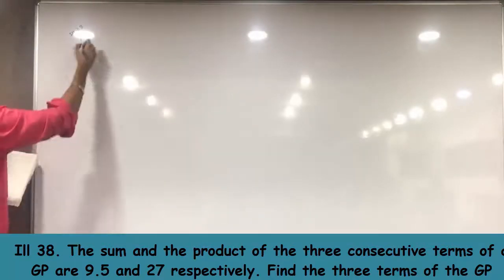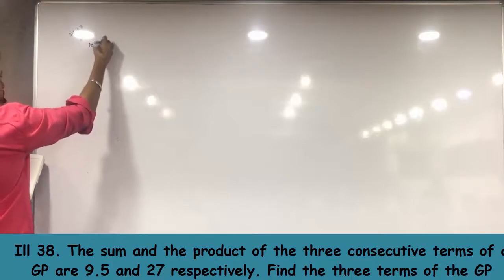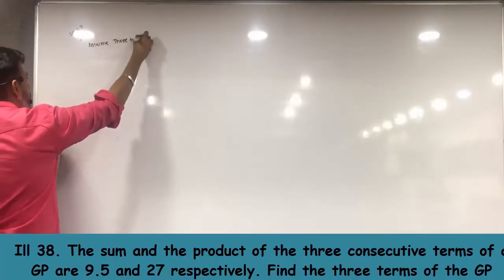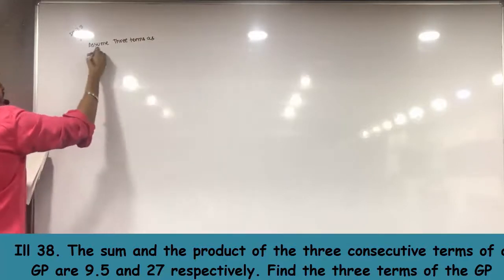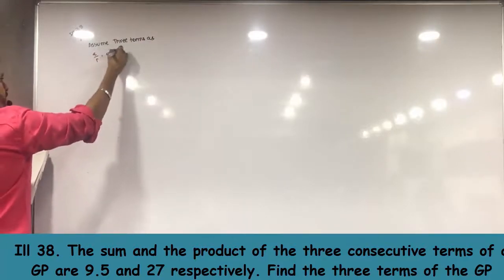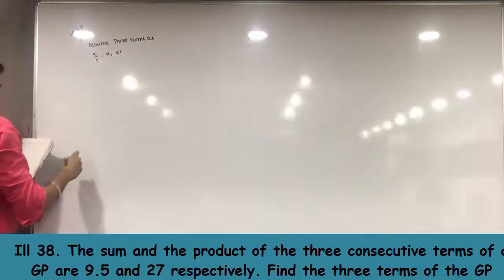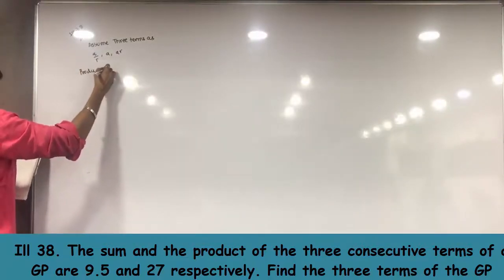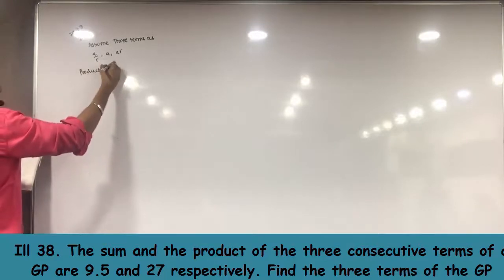So लिखो assume three terms as A by R, A and A into R. Product is equal to 27.